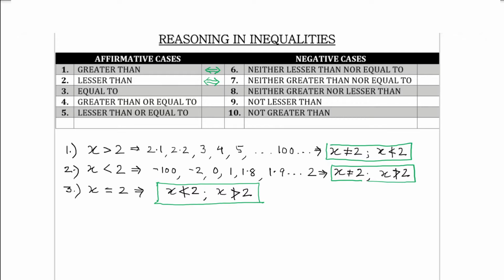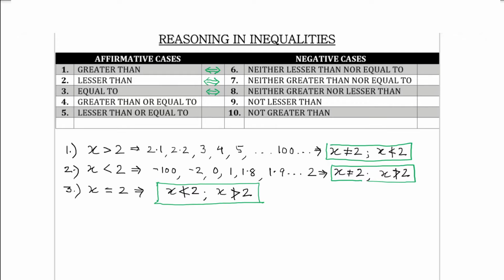This person's age is neither greater than 2 nor lesser than 2 years. This is another way of presenting the same. So a synergy between the third case and the eighth case is also established. At the same time, we are left with 4 cases. Now when we are left with 4 cases, let us see what we are talking about here.